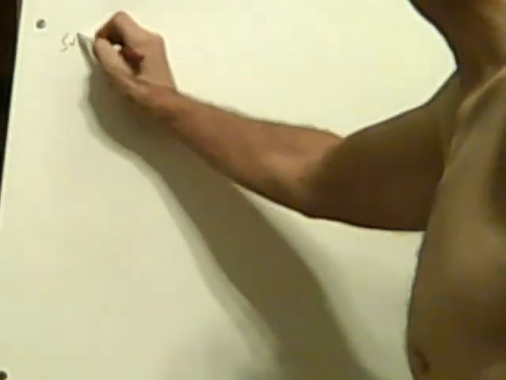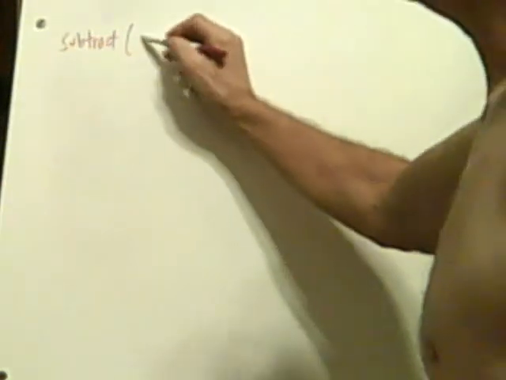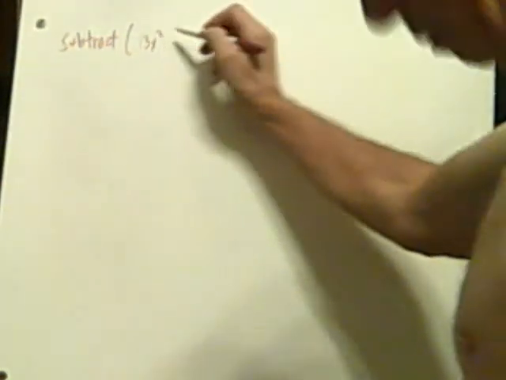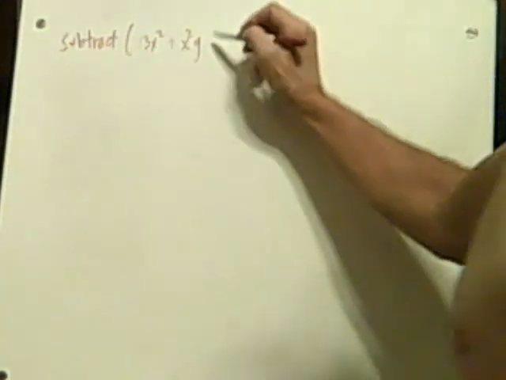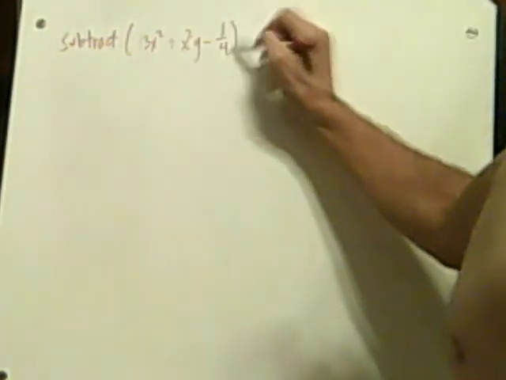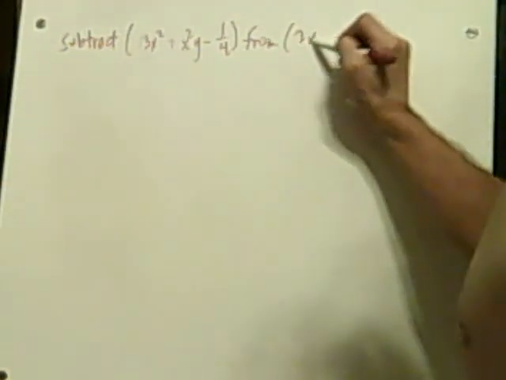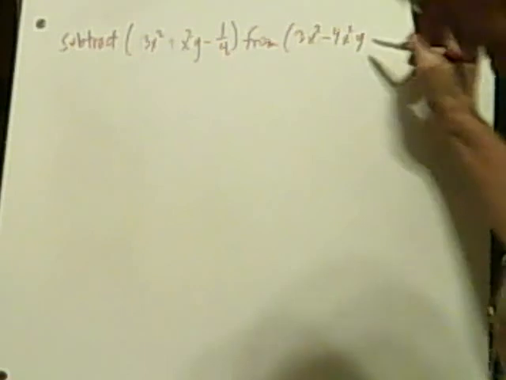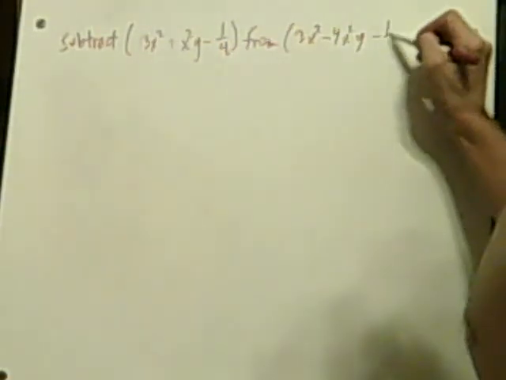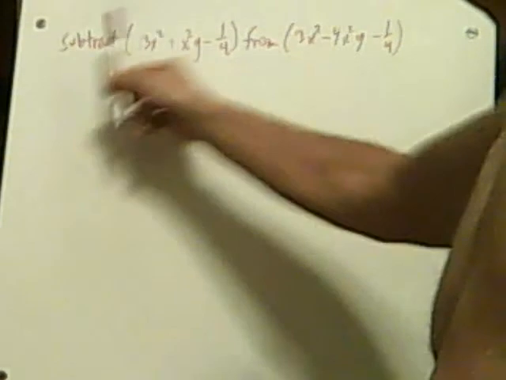The next one says subtract 13x squared plus x squared y minus 1/4 from 3x squared minus 4x squared y minus 1/4. Okay, so we start with this and we subtract this from it.